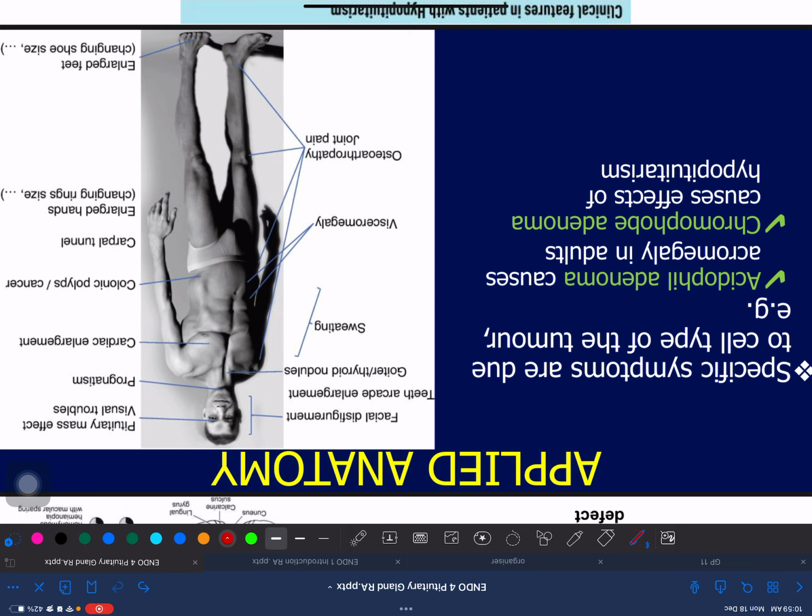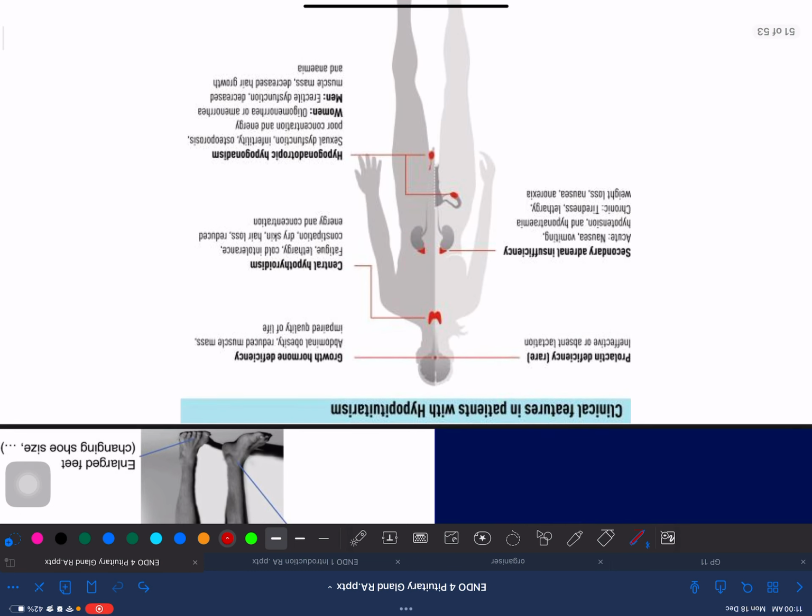Second, there can be specific symptoms due to the cell type of the tumor. For example, an acidophil adenoma can cause acromegaly in adults, while a chromophobe adenoma causes the effects of hypopituitarism. In a patient with hypopituitarism, if prolactin is involved, there is ineffective lactation. Growth hormone deficiency causes abdominal obesity, reduced muscle mass, and impaired quality of life. Secondary adrenal insufficiency can be acute or chronic.